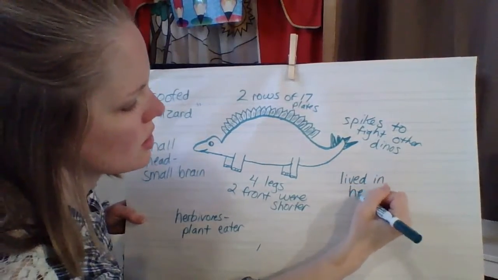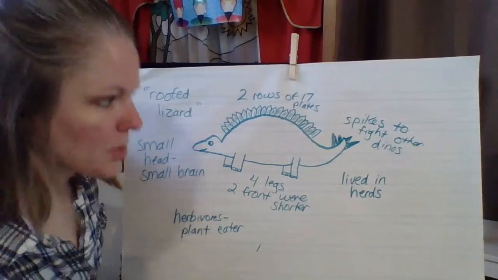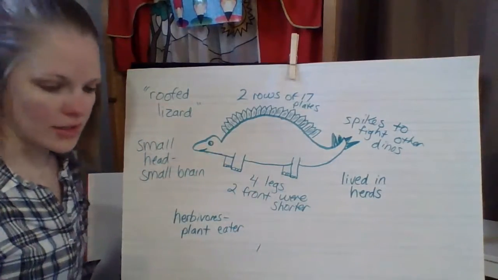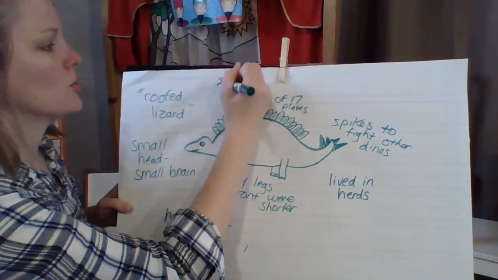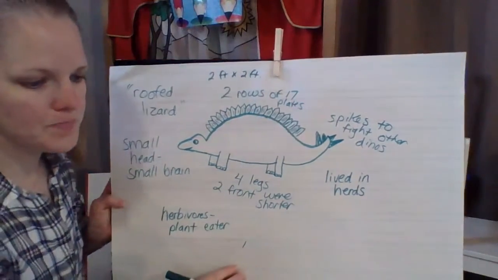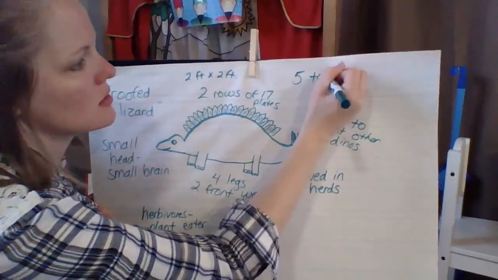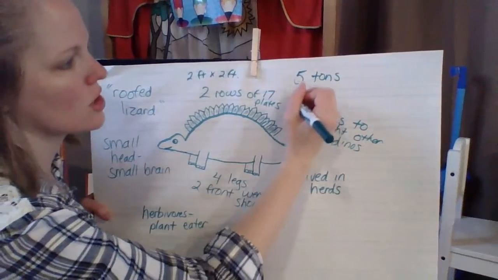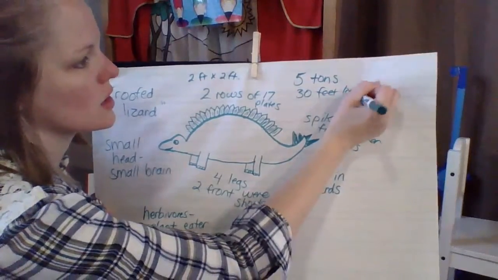Lived in herds. Their plates were 2 feet wide, 2 feet long, so they were huge. I'm going to add that up here. 2 feet by 2 feet. Okay? It weighed 5 tons. And it was 30 feet long. So the whole dinosaur was 30 feet long.